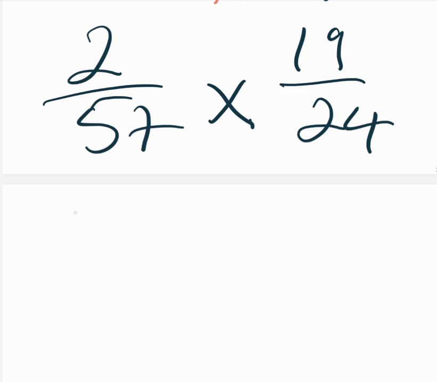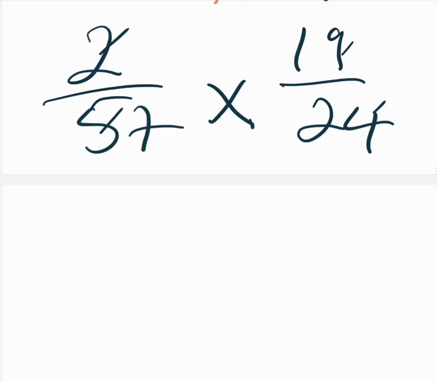At this junction, you can see these figures are really big, so multiplying them will give you some kind of difficulty. To do it easily, you have something in common between 2 and 24, and something in common between 57 and 19, right? Remember, 19 times 3 gives us 57.